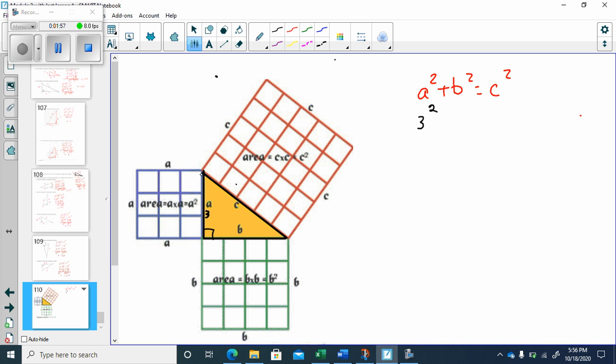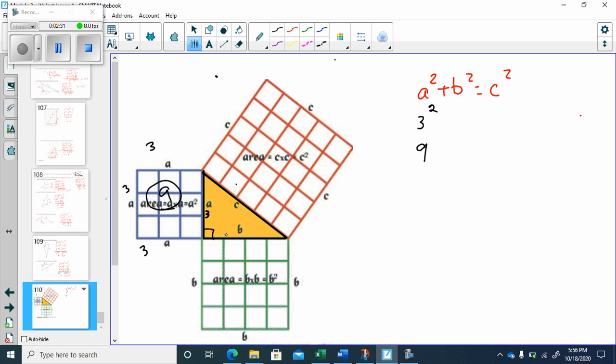Well, what if you actually make a square that's 3 by 3? 1, 2, 3 units on this side. That means we have made a square that is 3 by 3, right? How many blocks are in there? 1, 2, 3, 4, 5, 6, 7, 8, 9. There's 9 squares in there, isn't there? 3 squared is 9. Isn't that what we're doing with Pythagorean theorem?